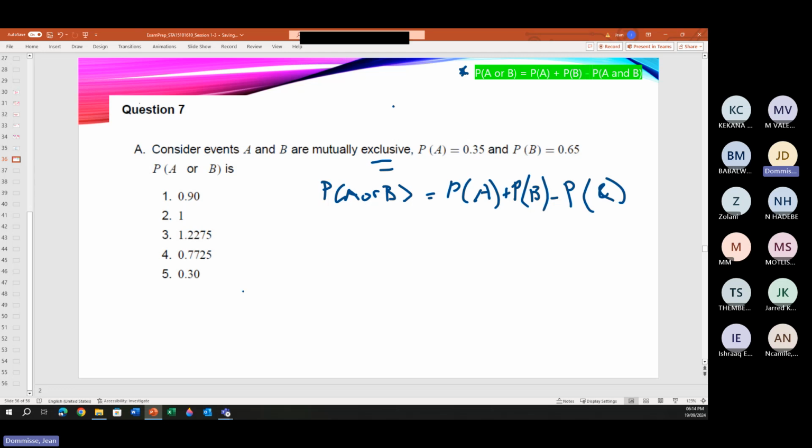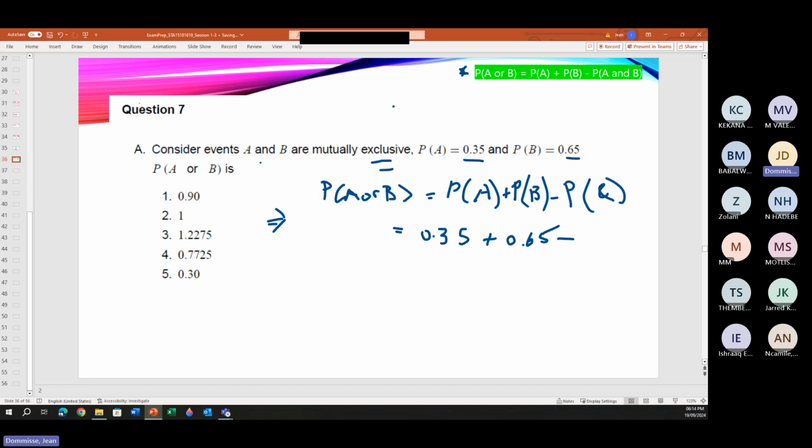Okay, so that's my shorthand for that. So probability A or B, probability of A, 0.35. Probability of B, 0.65. Minus probability A and B.